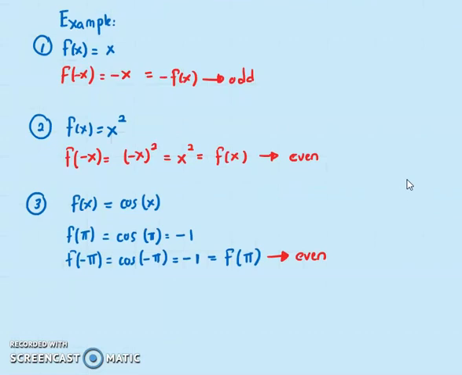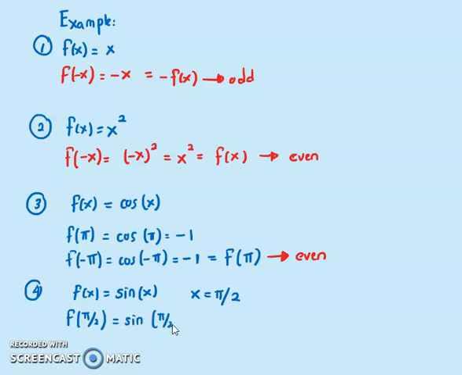Another example is sine x. So f of x equals sine x. Let's start with x as pi over 2. f of pi over 2 gives me sine pi over 2, which is 1.